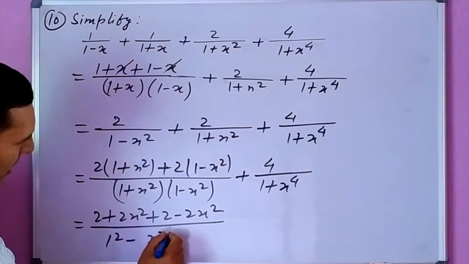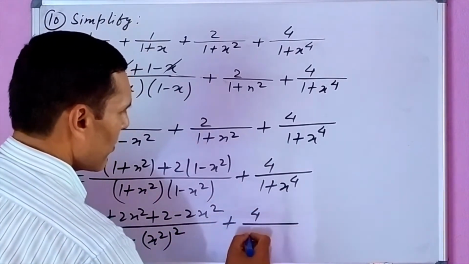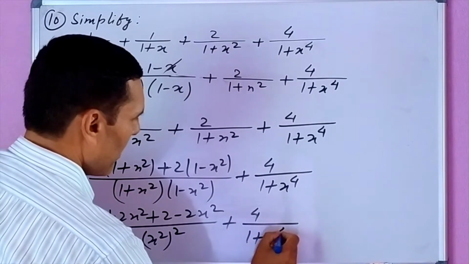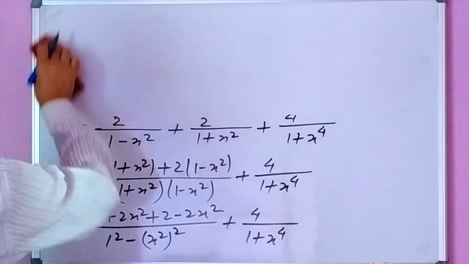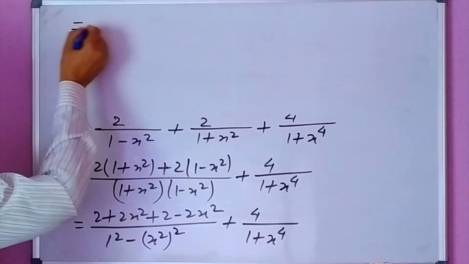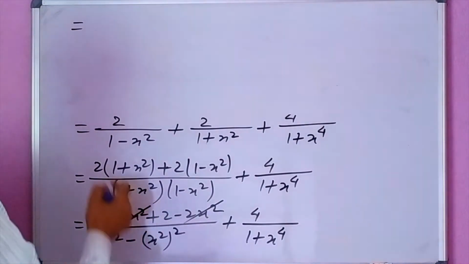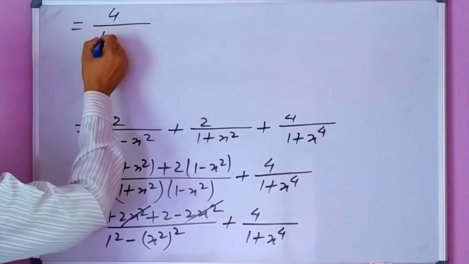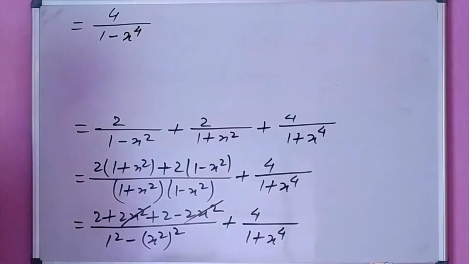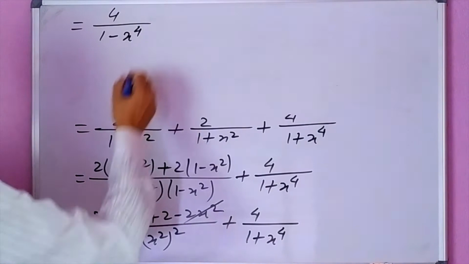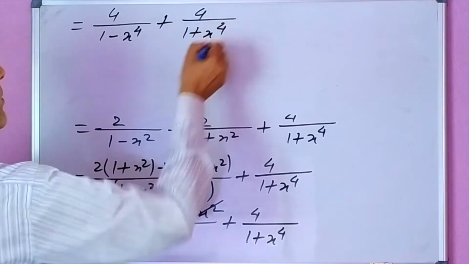So plus 4 upon 1 plus x power 4, the last term. Then 2x square minus 2x square cancels. 2 plus 2 gives 4 upon 1 minus x power 4, since x square whole square is x power 4 and 1 square is 1, and plus 4 upon 1 plus x power 4.